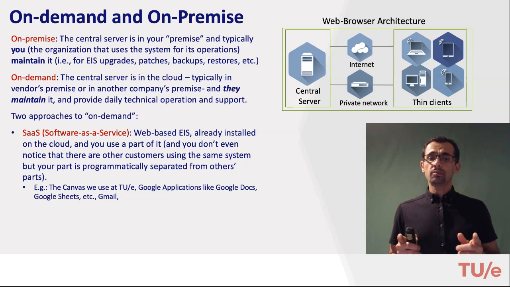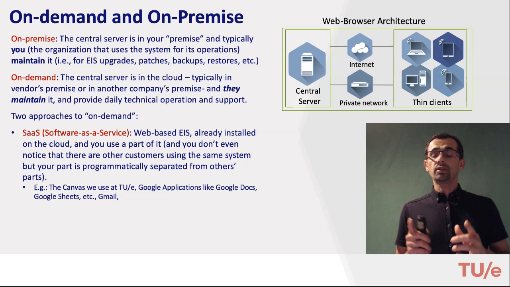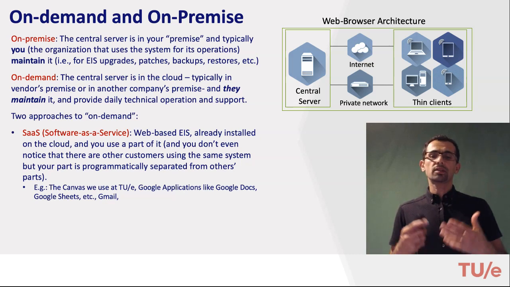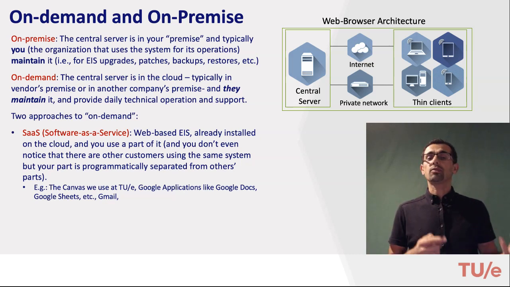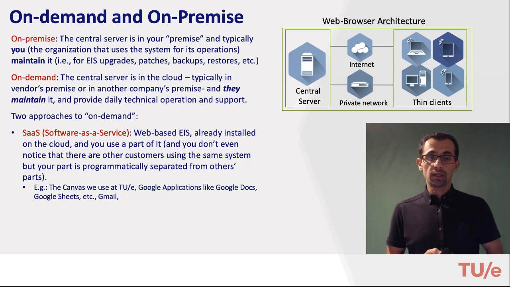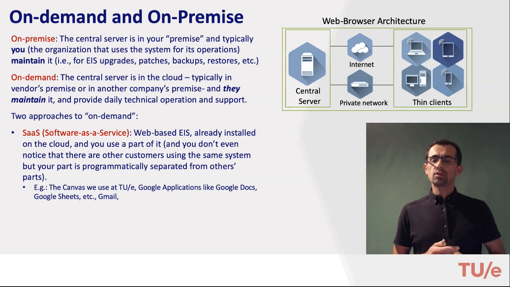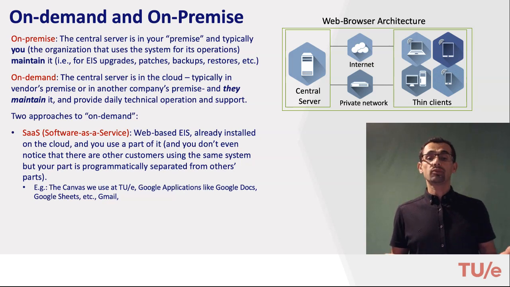It is a web-based enterprise information system that's already installed somewhere on the cloud, and you use a part of it, and you don't even, in fact, notice that there are other customers using the same system, but your part is programmatically separated from the others' parts. So, for instance, the Canvas that we use in this university is a good example of this type.